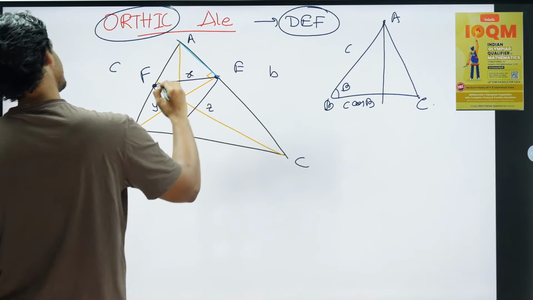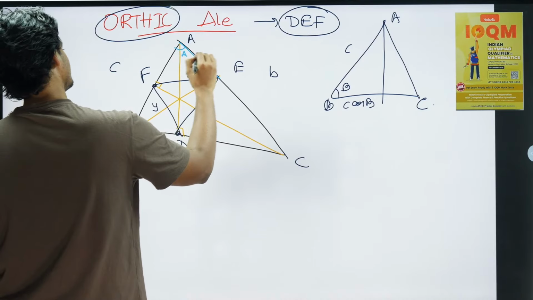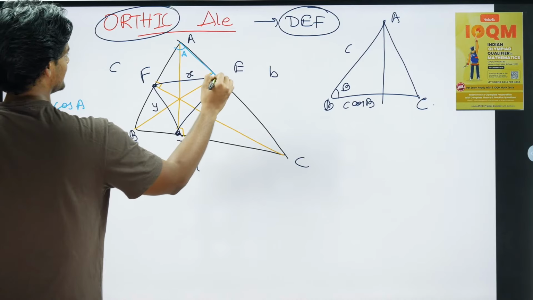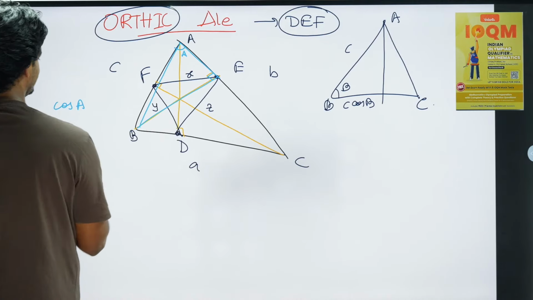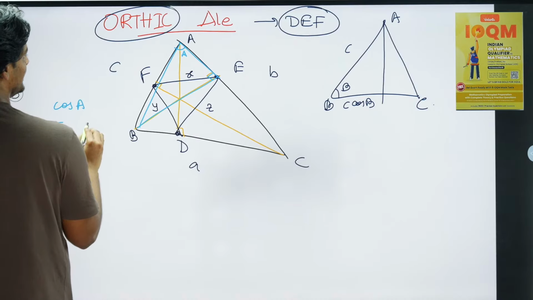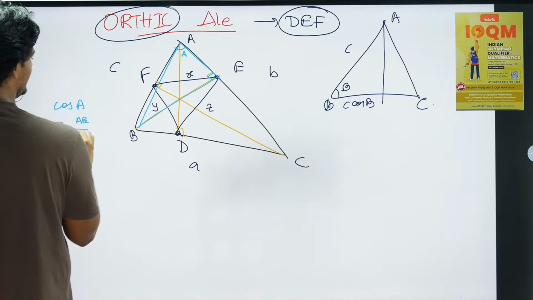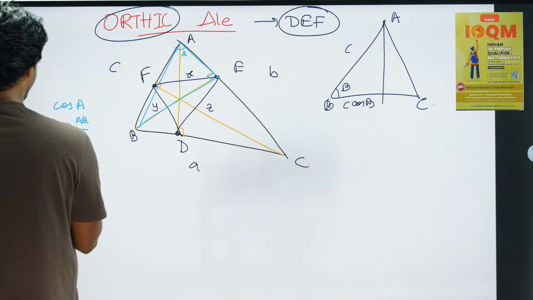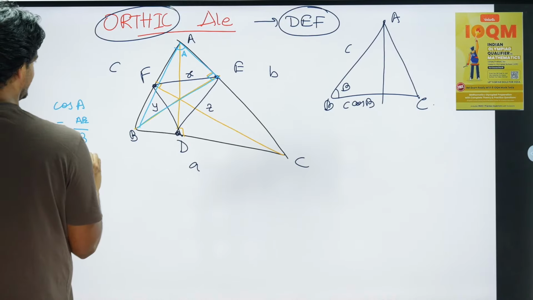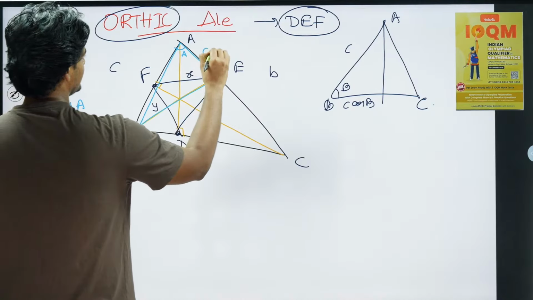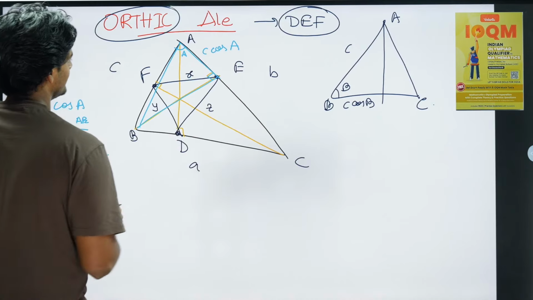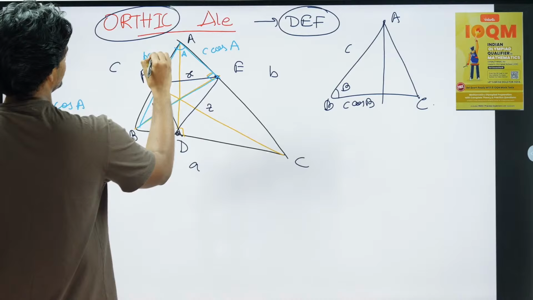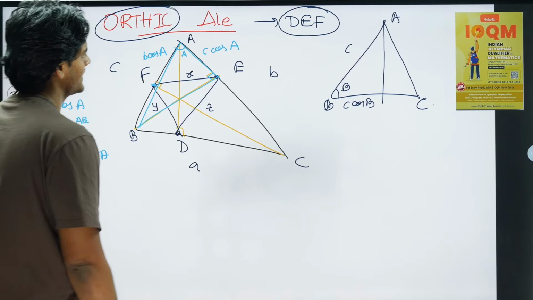If you compare it to this, this is A. So cos A would be AE by AB, and AB is simply c. So AE is c cos A. Similarly, if you look at this triangle, this will be b cos A, right?